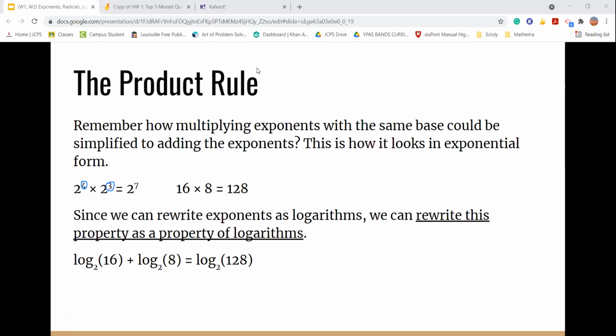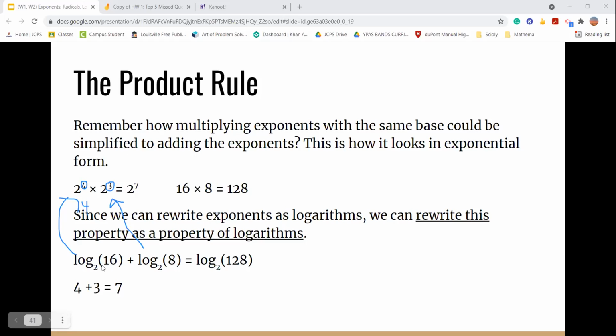These things are the same. Log base 2 of 16 is 4. These are rearranged, but they're the same thing. Hold on one second. I'm going to go all the way to here.